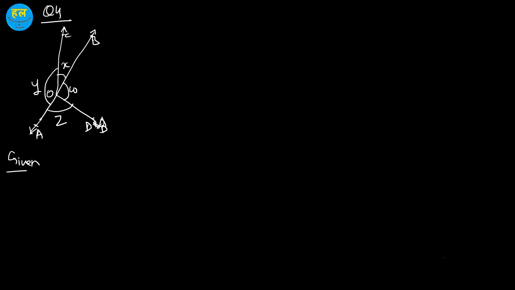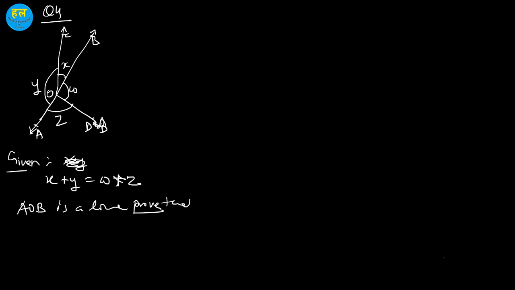What is given in the question? If X plus Y is equal to W plus Z, then prove that AOB is a line. What we have to do?